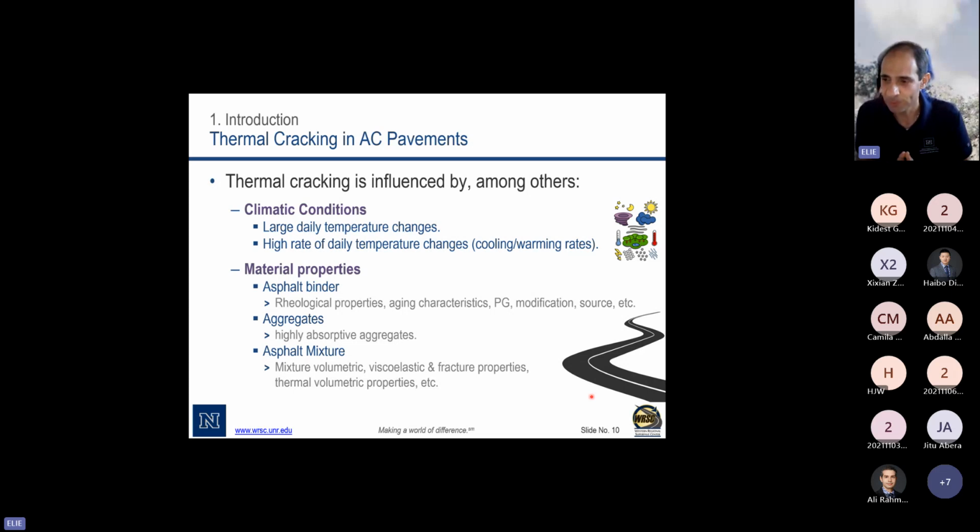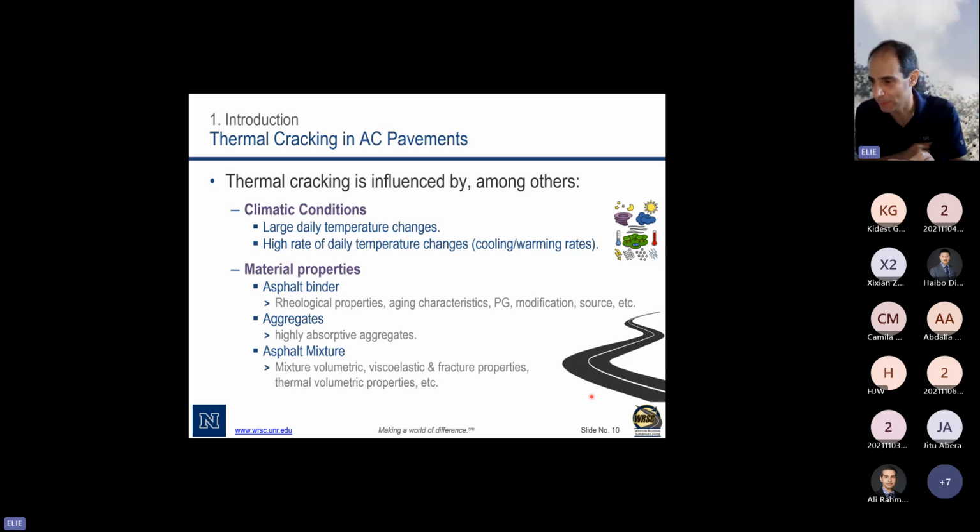Why is this important? Because if you're familiar with the Superpave performance grade system, it is based on 6 degrees C increments. What does that mean? Why was it based on 6 degrees C? Because if you go from a PG 58 to a PG 64, what happens to your stiffness?